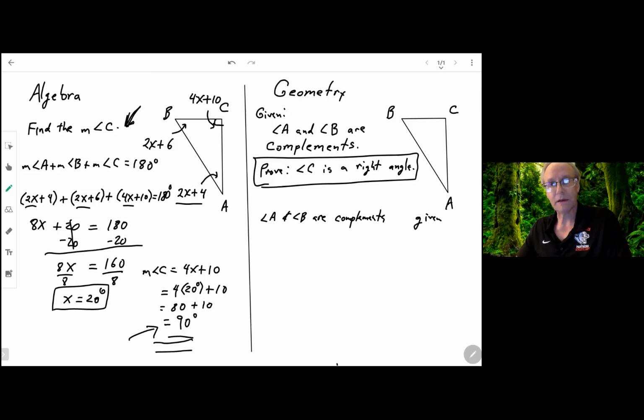Well, we know that the meaning of complement means that the measure of angle A plus the measure of angle B is equal to 90 degrees. And that is because that's what we mean when we say complement. When we talk about meaning, we're talking about definition. This is the definition, I'll write it out, of complementary.